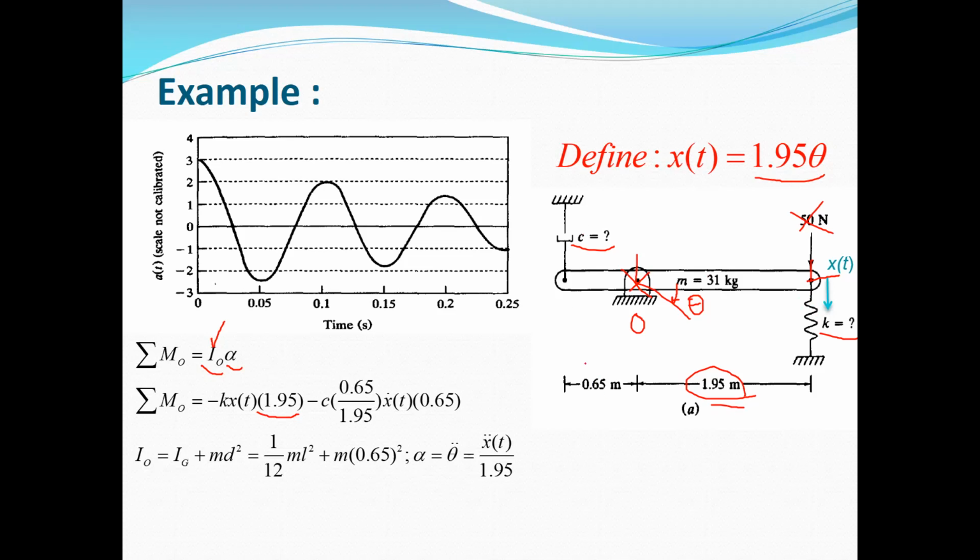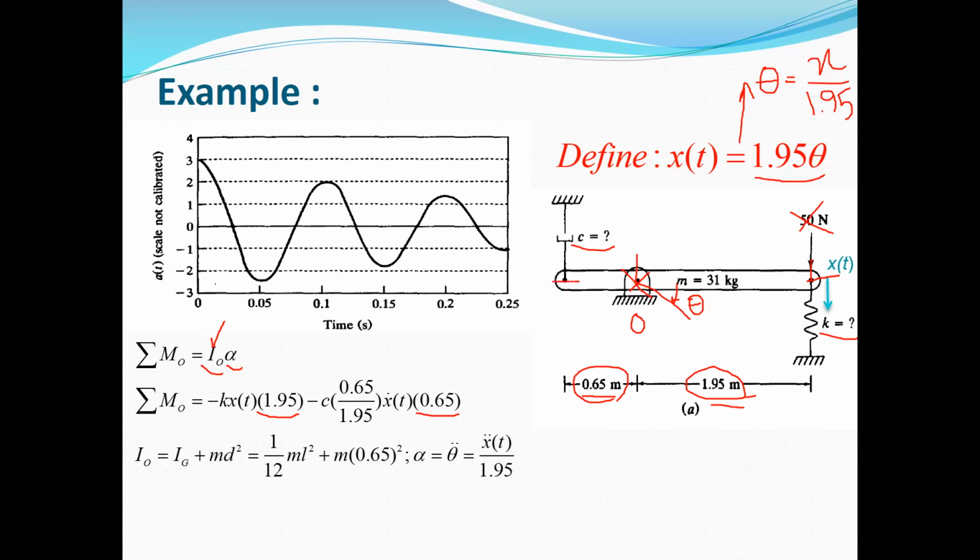And for the damper, the arm is equal to 0.65, as you can see here. And the force is equal to c times this length, again 0.65 times theta, where theta is equal to x divided by 1.95.